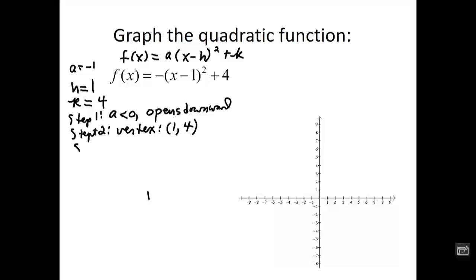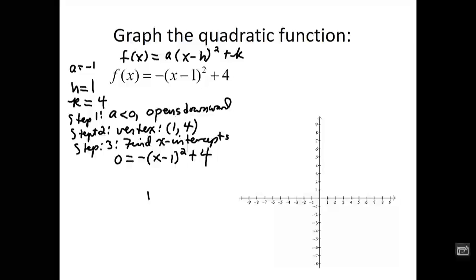Step 3. Let's find the x-intercepts. To find the x-intercepts, we let f of x be 0. So I have 0 equals minus (x minus 1) squared plus 4. We want to solve this for x.